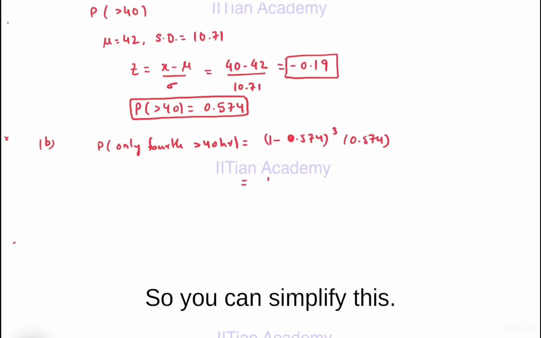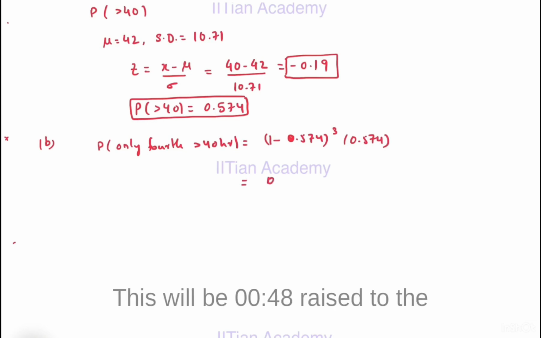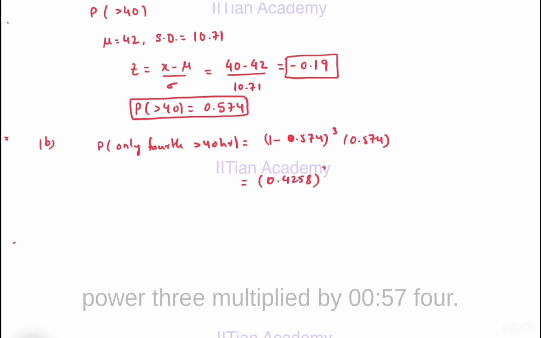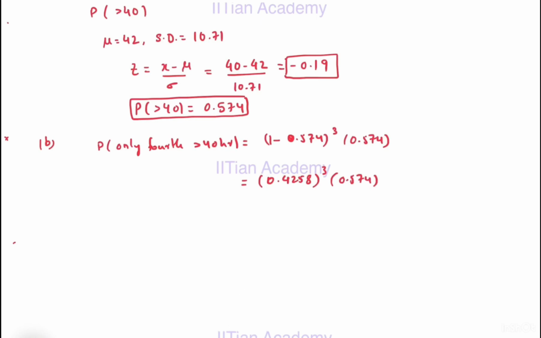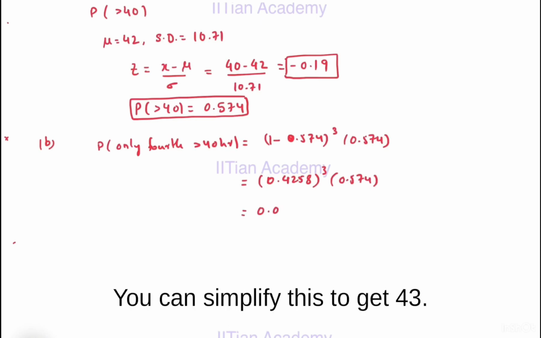So you can simplify this. This will be 0.4258 raised to the power 3 multiplied by 0.574. You can simplify this to get 0.0443.